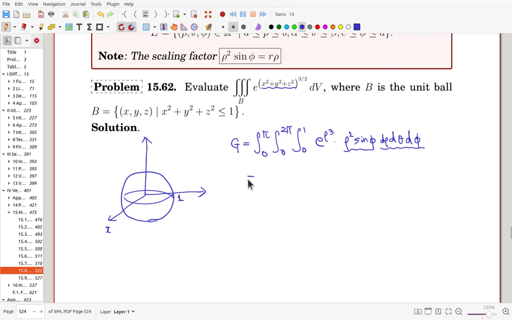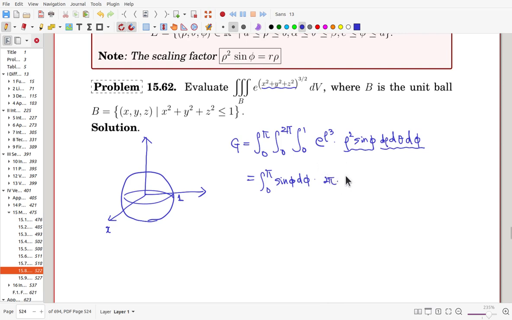Okay. For phi integration, we have sine phi, so from 0 to pi, that is sine phi d phi. For theta integration, we don't have any theta component, so immediately we can get 2 pi.